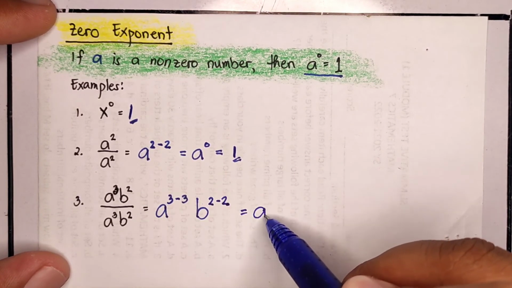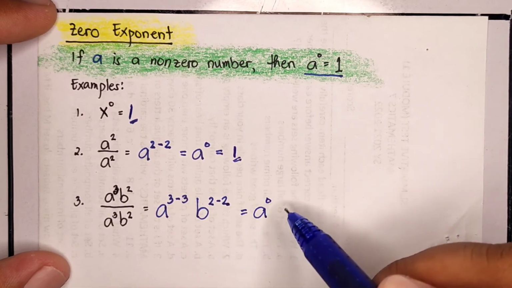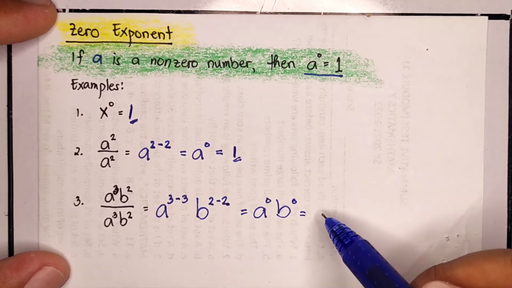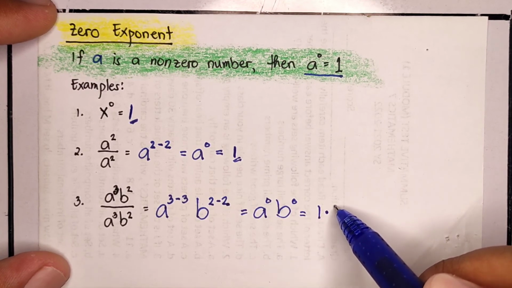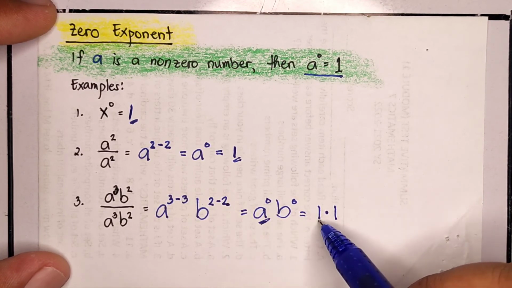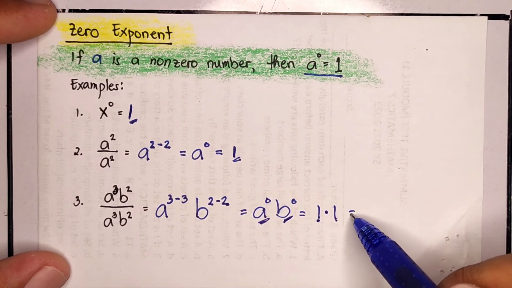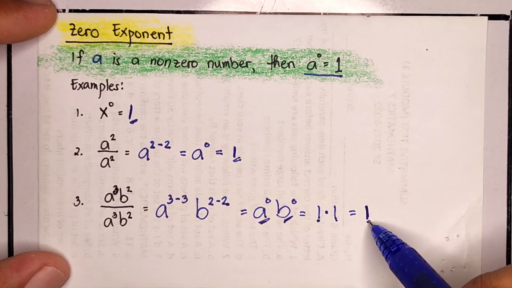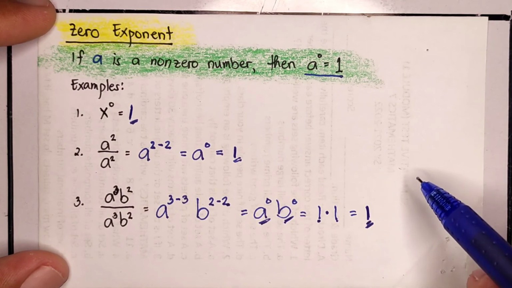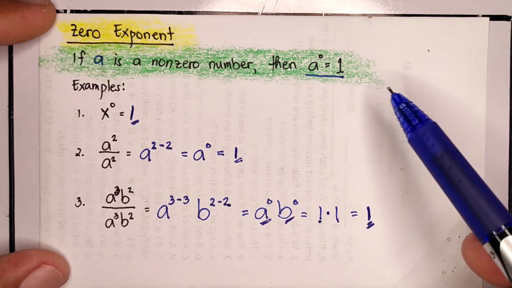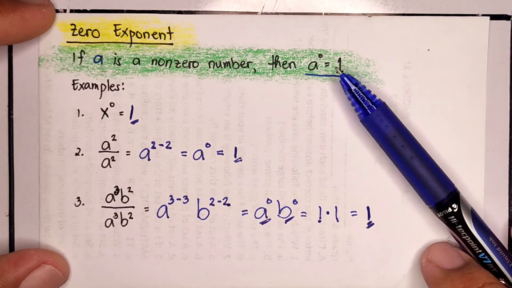That is a raised to 0 and b raised to 0, and that is 1 times 1 because a raised to 0 is 1 and b raised to 0 is 1. Then 1 times 1 is 1. Okay? This would be the answer. Okay, that is the zero exponent. Any number raised to 0, the answer is 1.